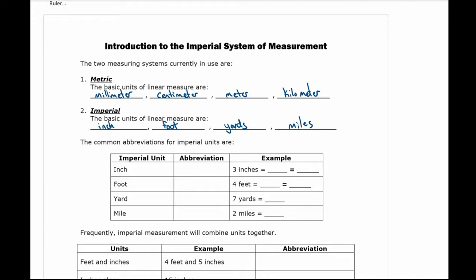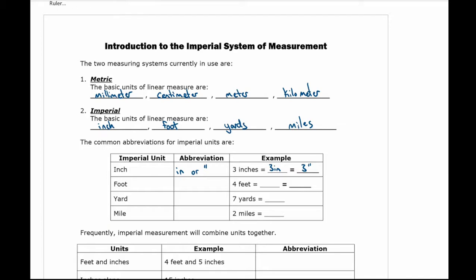So the common abbreviations for imperial units are as follows. For an inch, we have IN, or sometimes two apostrophes or a quotation mark. So 3 inches, we might say 3 IN or 3 with the quotation mark.